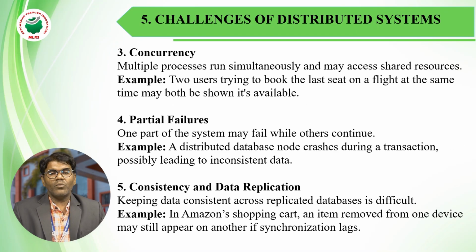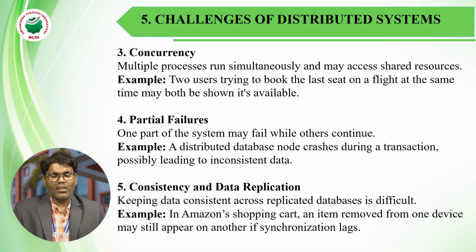Concurrency. Multiple processes run simultaneously and may access shared resources. Example, two users trying to book the last seat on a flight at the same time may both be shown it as available. So two persons are booking one seat, and it will show as available to both.